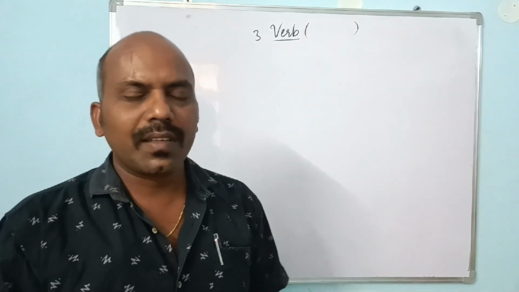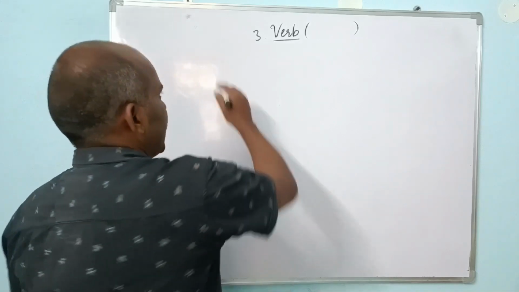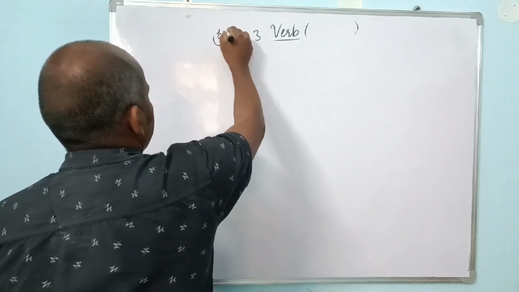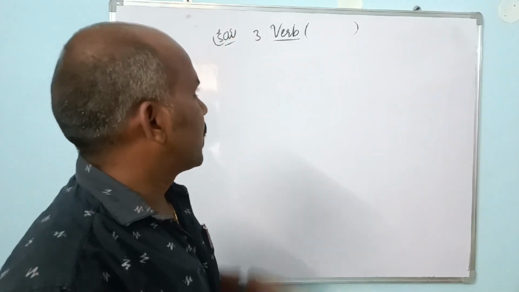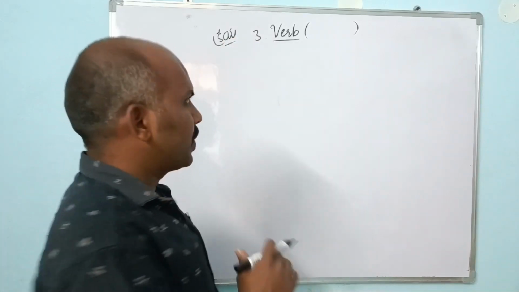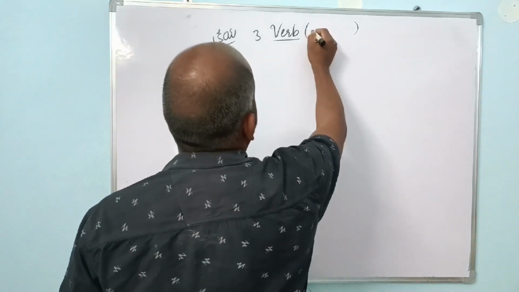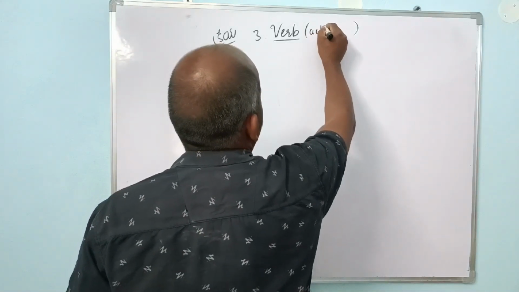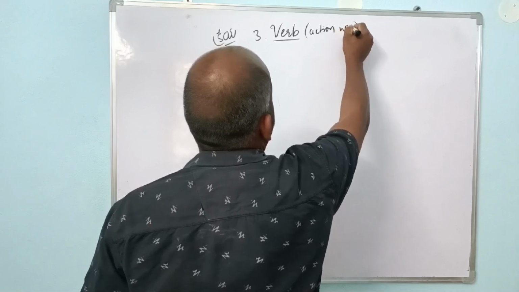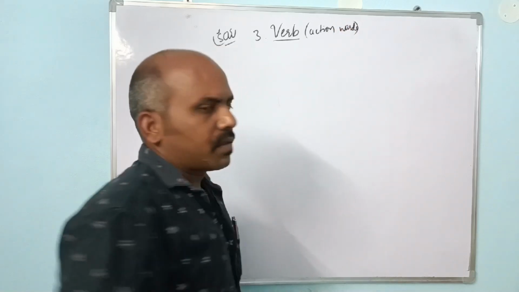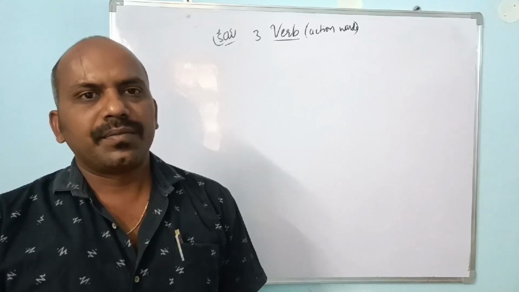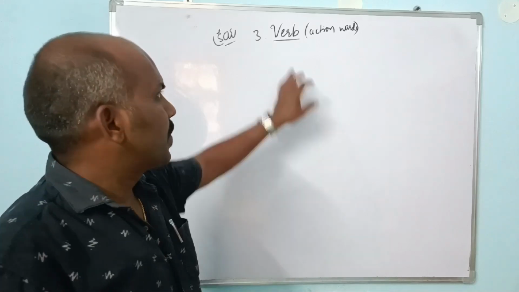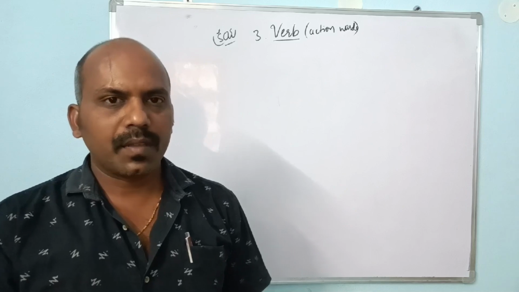Verb is normally called kriya in Telugu, right? In English it is called verb, and normally all verbs are action words. So in a sentence, what the subject is doing is normally revealed by the verb, right?